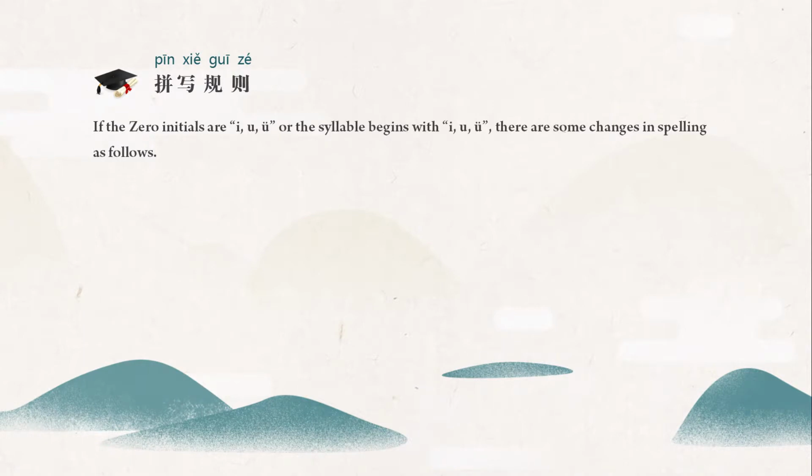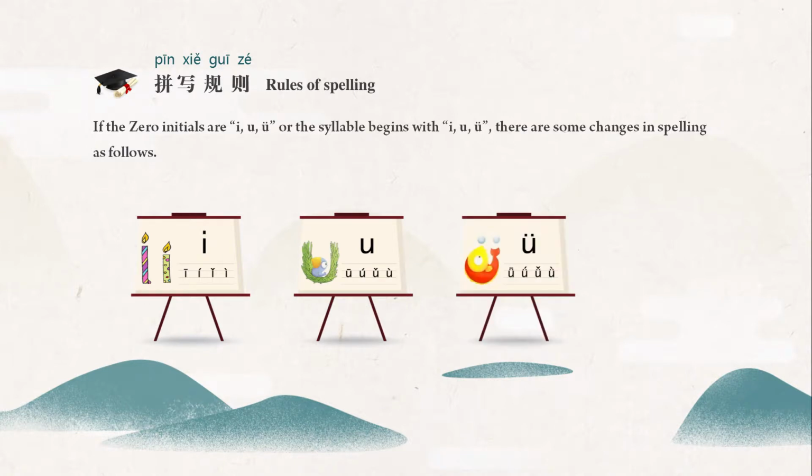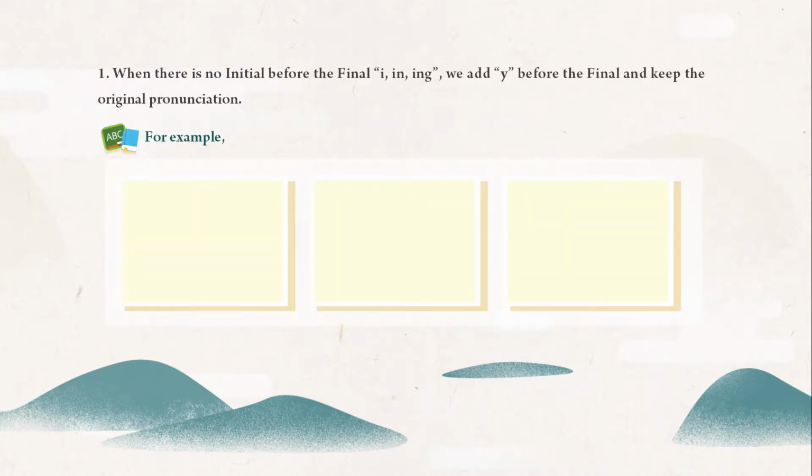Second part, 拼写规则. If the zero initials are i, u, yu, or the syllable begins with i, u, yu, there are some changes in spelling as follows. Rule 1.